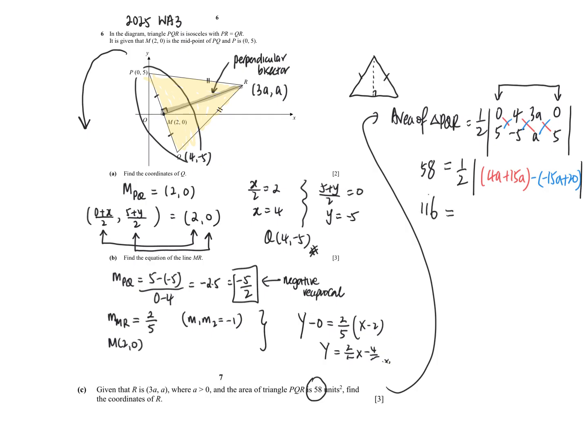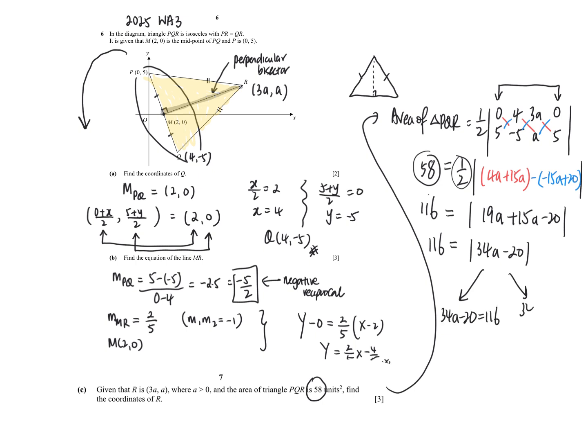Okay, 116. When you divide 58 by half, you get 116. And then inside the absolute sign, you get 19A plus 15A minus 20, so 34A minus 20 is this. Same thing, you have two possible answers. 34A minus 20 could be 116 or it could be negative 116.